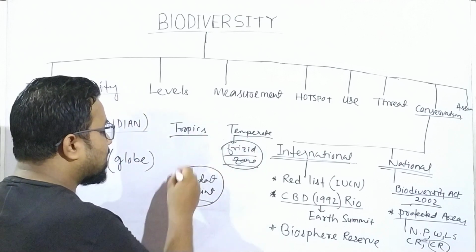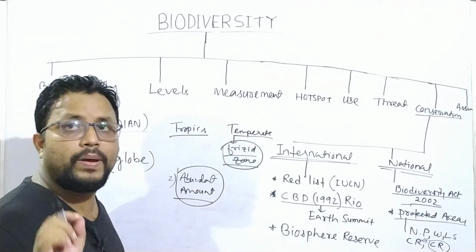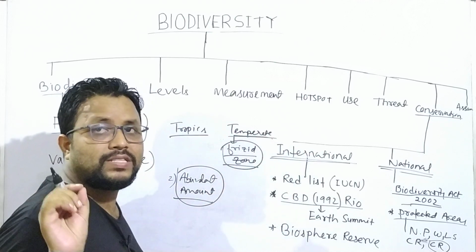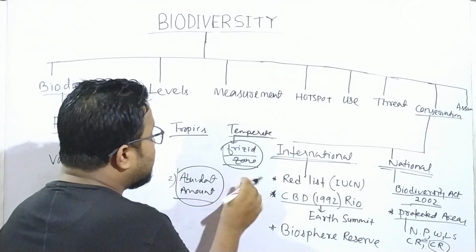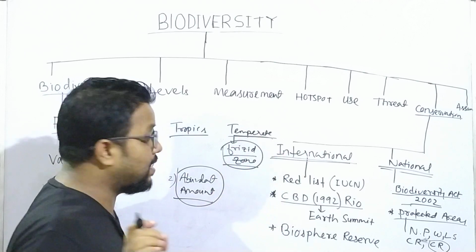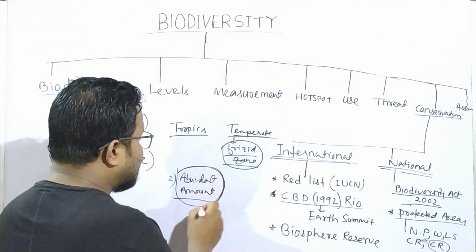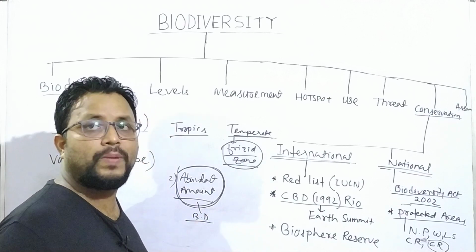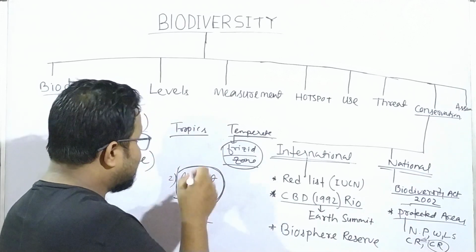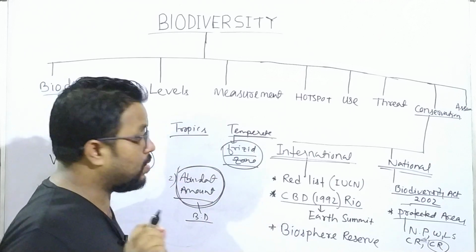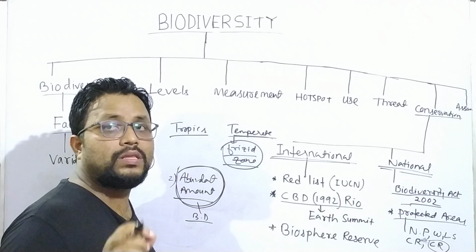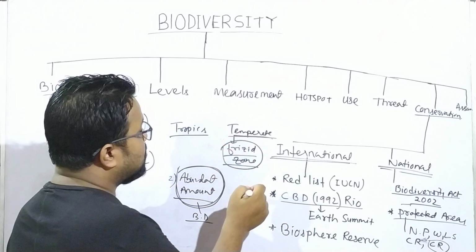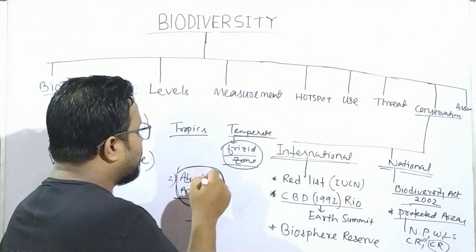But in the temperate region, there is no abundant sunlight, and abundant sunlight is one of the important factors for biodiversity, because life, whether plants or animals, needs sunlight.